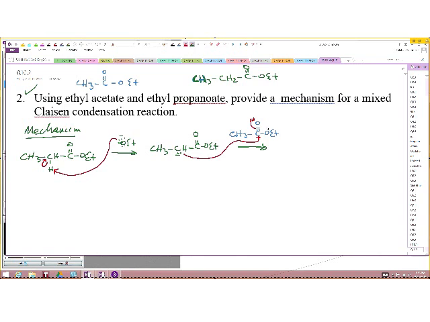So now we have this. Keep in mind you have a non-bonding pair of electrons on oxygen to start with. Now we have the ethoxide still here. Now this is attached, so we have this here.